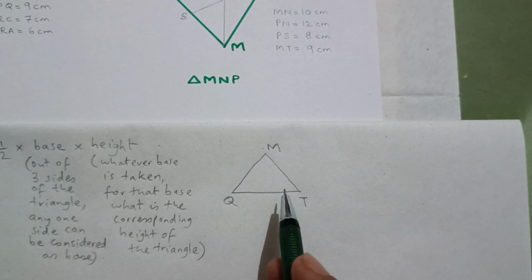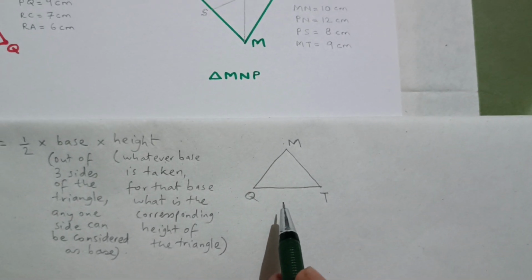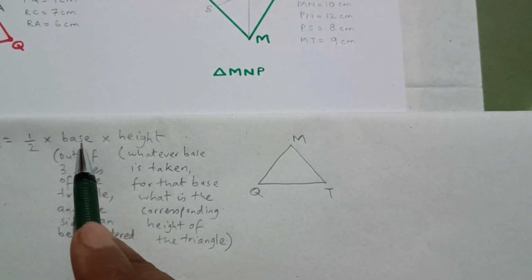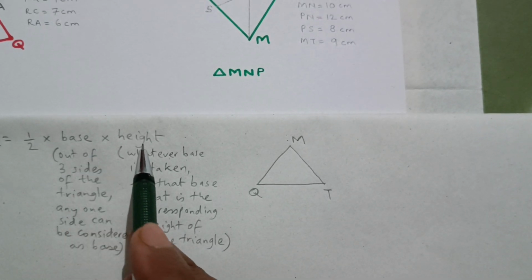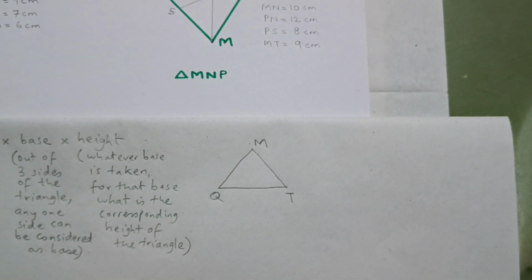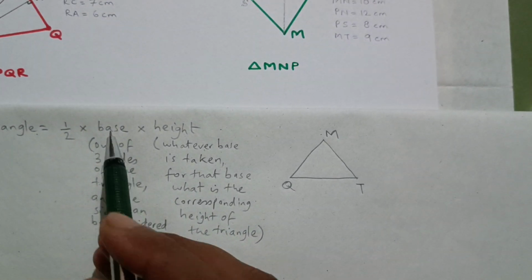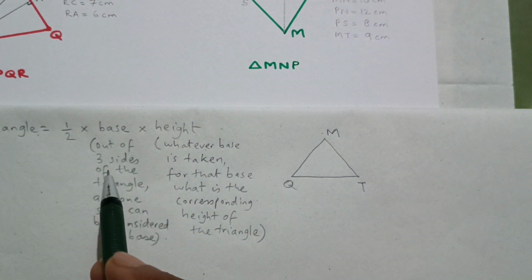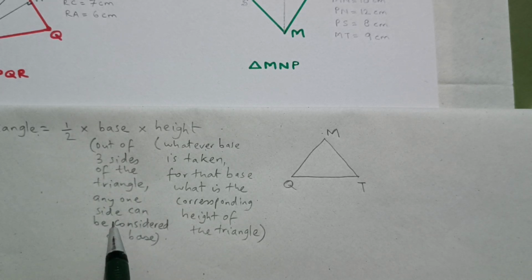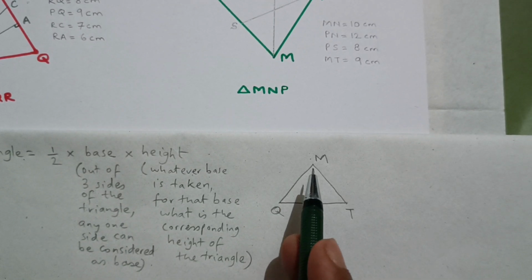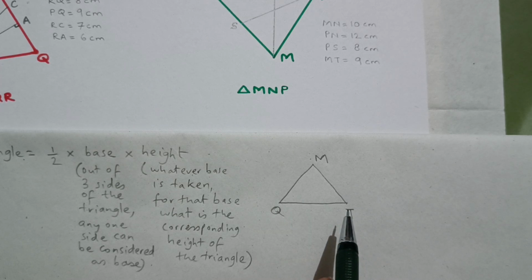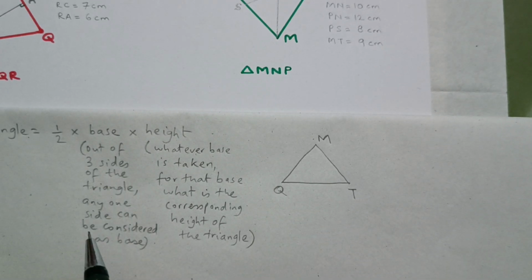Now for the triangle MQT, we will understand the base and the height. So base is, out of three sides of the triangle, any one side can be considered as base. So in triangle MQT, we have three sides.